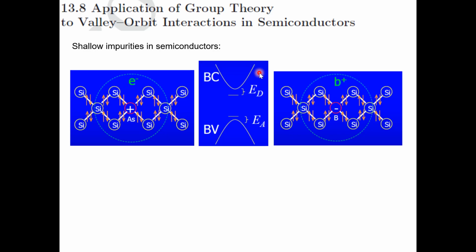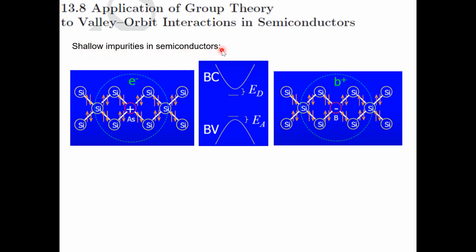All right, so now we come to the final application that I want to discuss in this chapter, which is the application of group theory to impurity states in semiconductors, and in particular to the valley-orbit splittings of those impurity states. Before we discuss that, let me do a brief review on the very fundamental properties of shallow impurities in semiconductors.